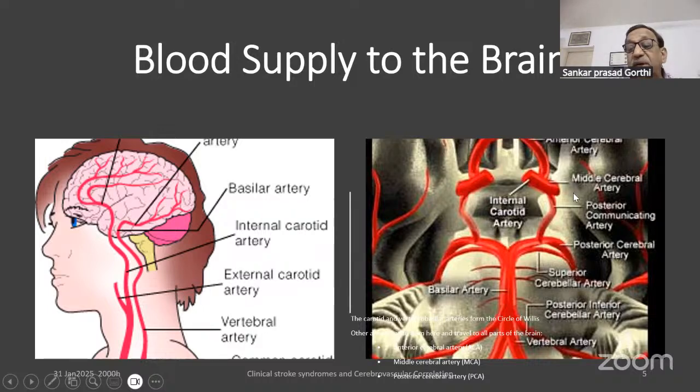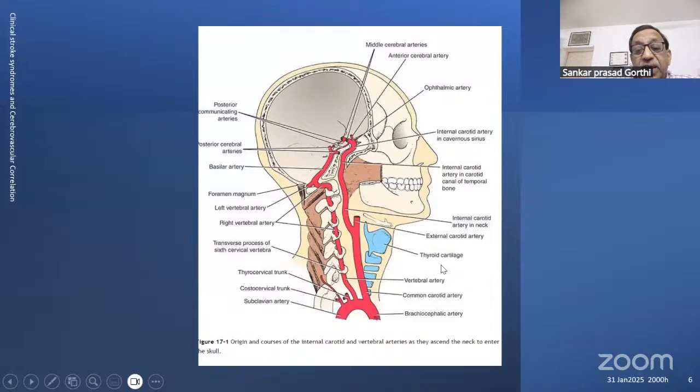So all these big vessels have small branches, which you will see, and you can see more clearly the brachiocephalic artery and the subclavian artery. The vertebral artery arises from here and goes into the brain, and you see it travels along the transverse foramen of the vertebrae and then enters the brain.